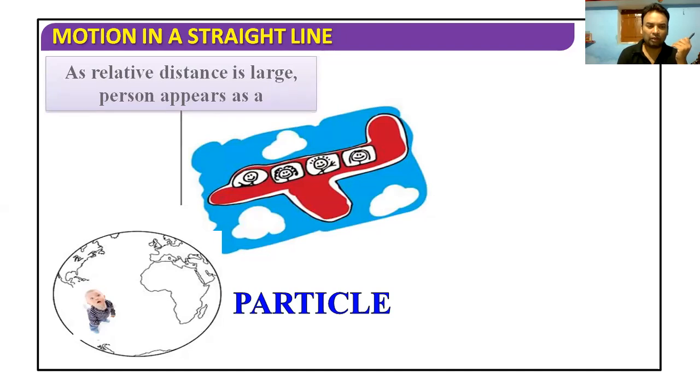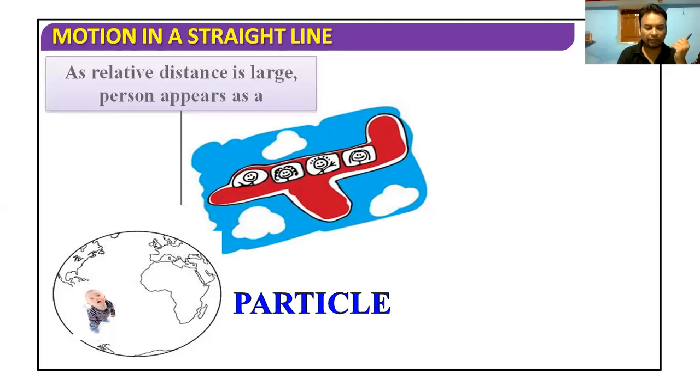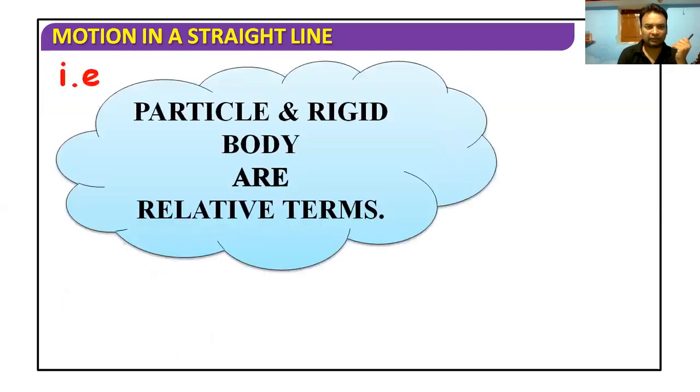So the whole matter is of the relative distance. If the relative distance is small, then we can treat them like a body. But if the relative distance is large or very large, then whatever the size of the body, it will appear like a particle. Even if you see the earth from the plane, it will appear like a particle. So particle and rigid body are relative terms.